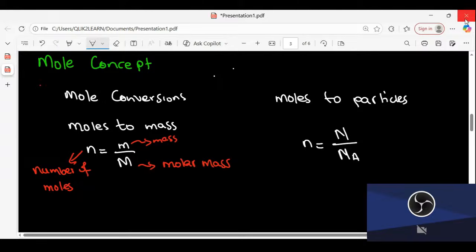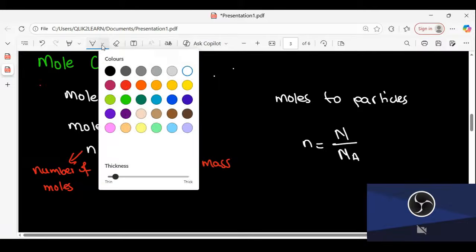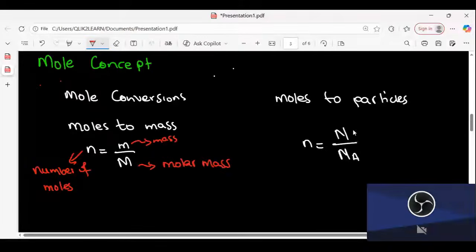On this one, the N on top will be the number of particles. This will be the number of particles.